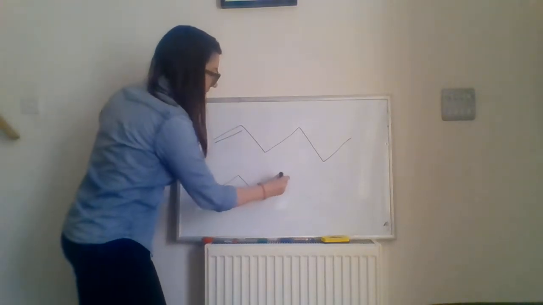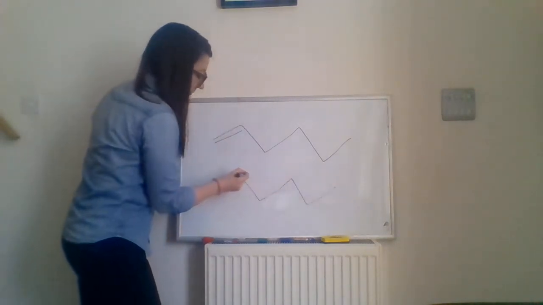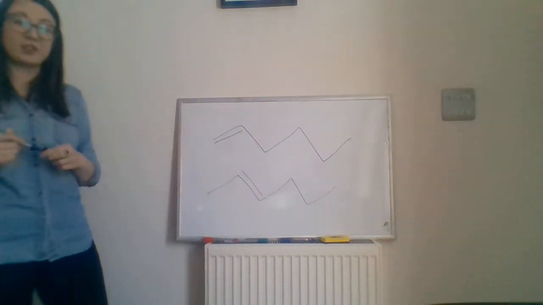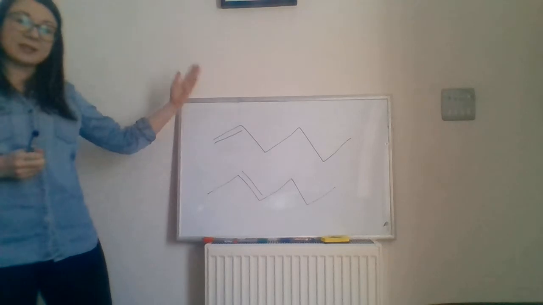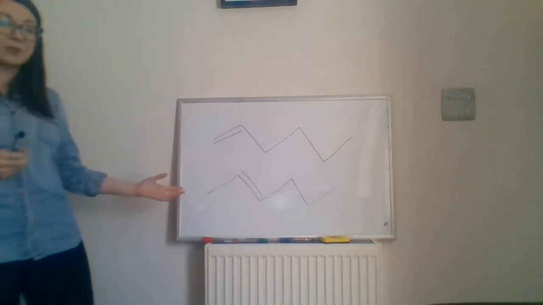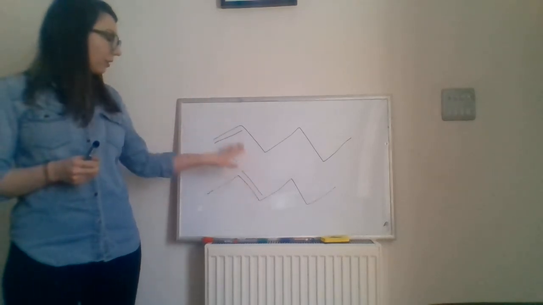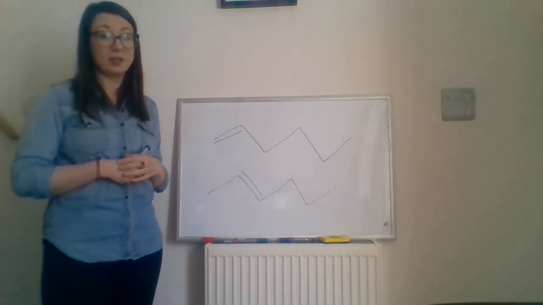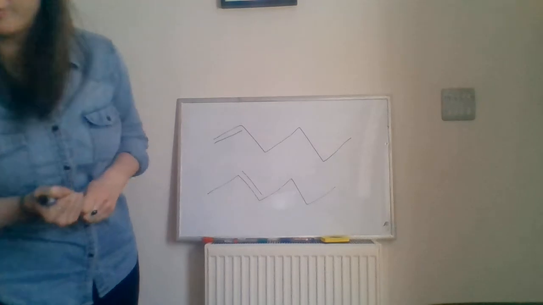A position isomer of this might be hex-2-ene, where the position of the double bond has changed. So again, same number and types of atoms, but the positioning of one of the functional groups is different. So we have two position isomers. This is again a type of structural isomer.